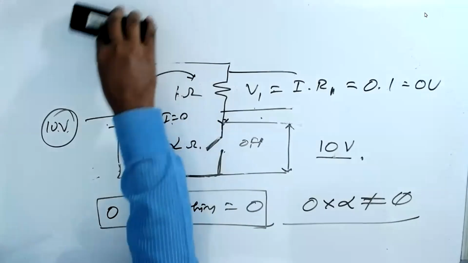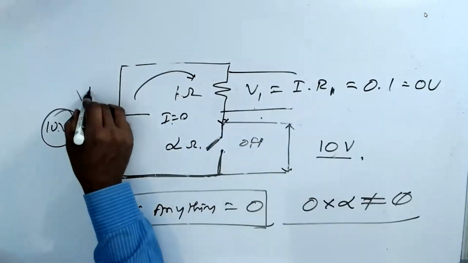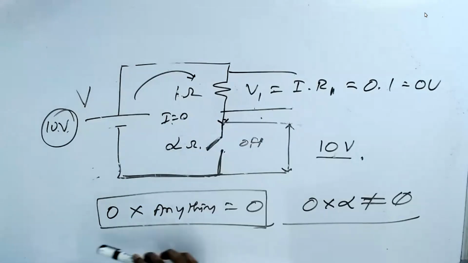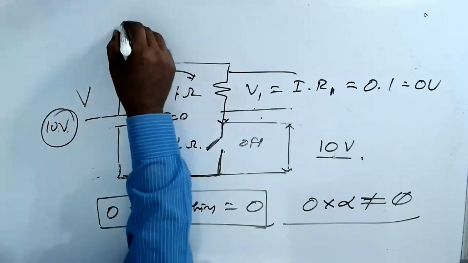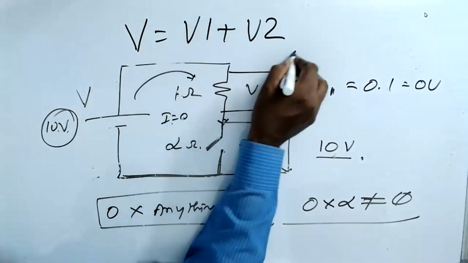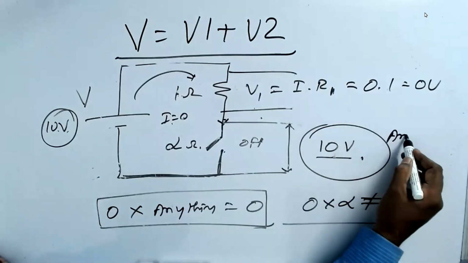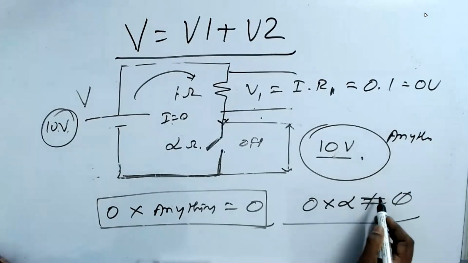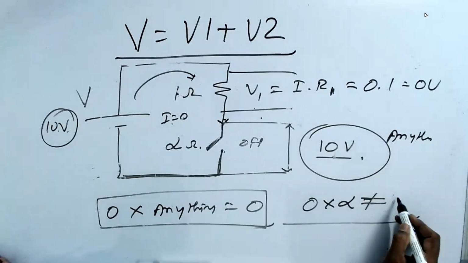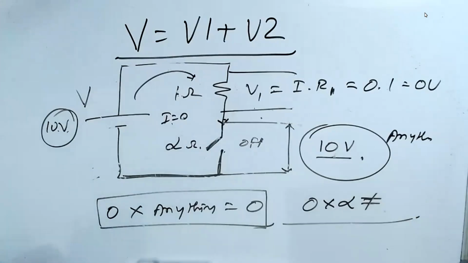So that is the reason for what we are doing here. This is the voltage V. So we say that V is equal to V1 plus V2. And this we don't know, because 0 into infinity is anything. You cannot say.